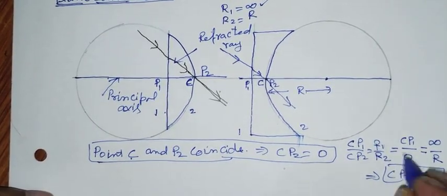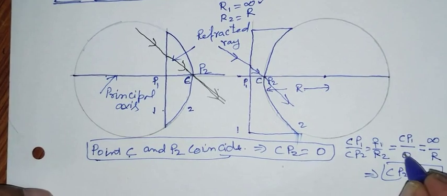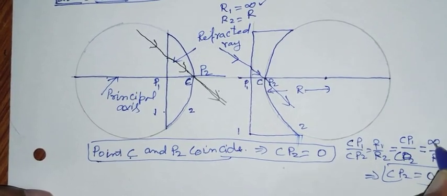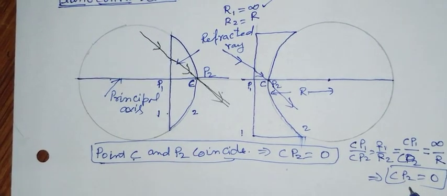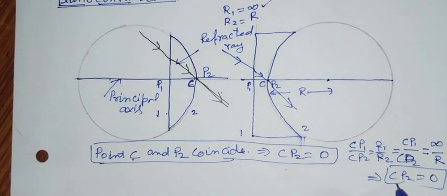This is the concept: since the ratio is infinite, CP2 is equal to 0 in this case.